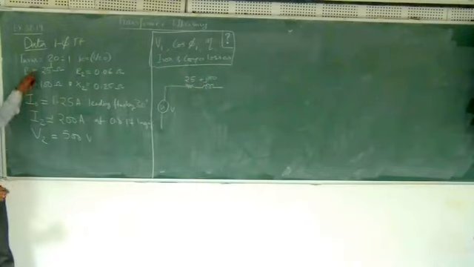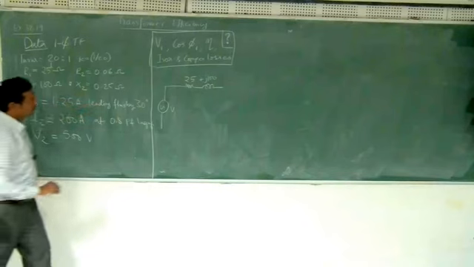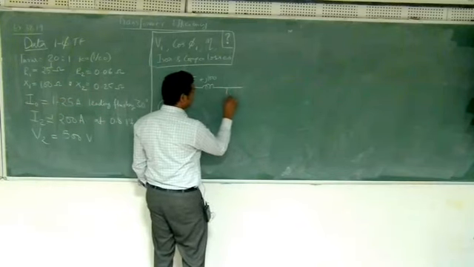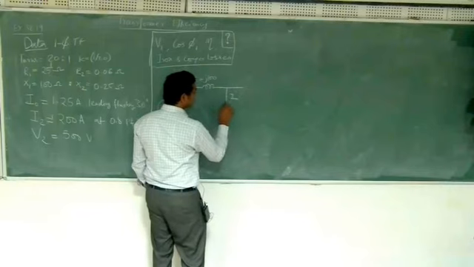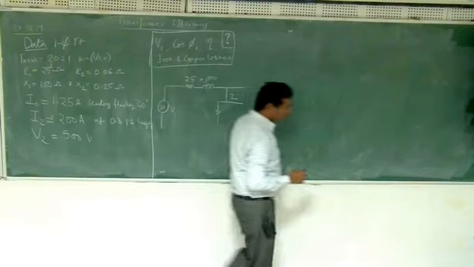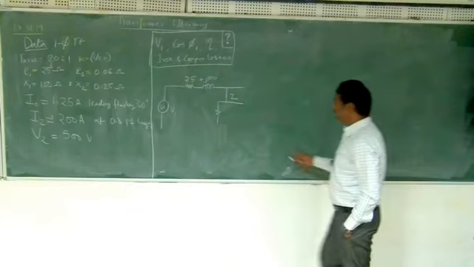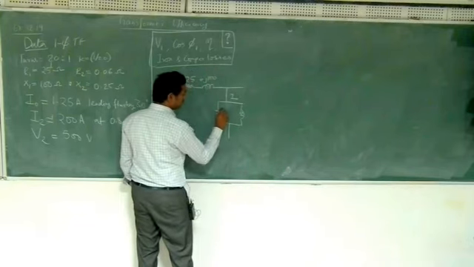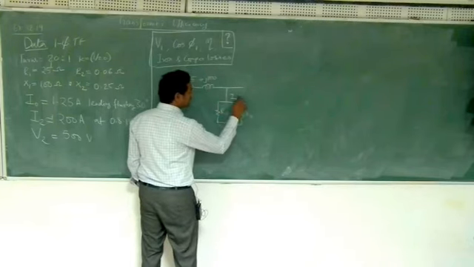This is given, I am writing it there. Then I have I0. I0 value was right away given, so I don't have to worry about these two parameters. I'll just simply write R0 and X0, but I0 is given.